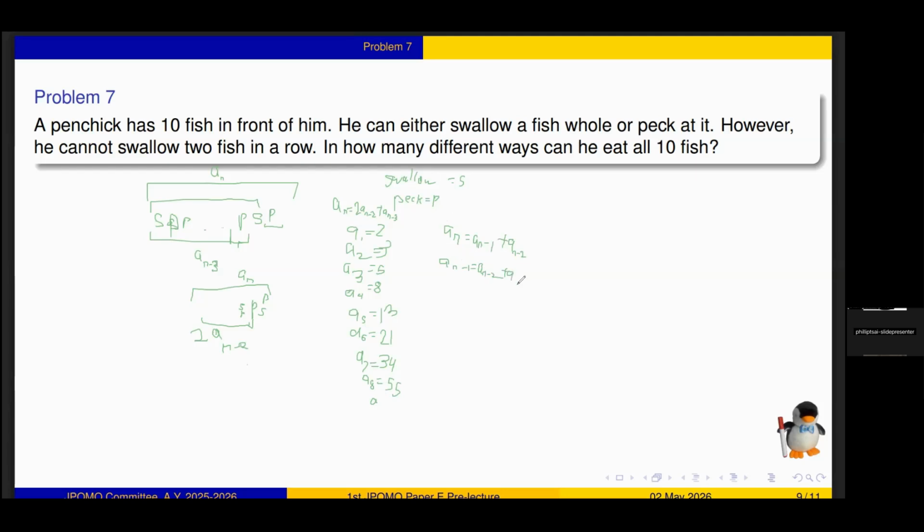Basically, this is the Fibonacci sequence. So you can plug this into a sub n minus 1, and you get the same thing. In that case, a sub 9 is equal to 89, and lastly, a sub 10 is equal to 144. And that's how you get a sub 10.